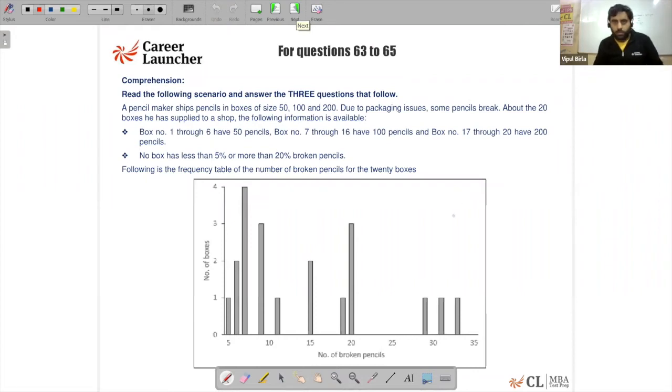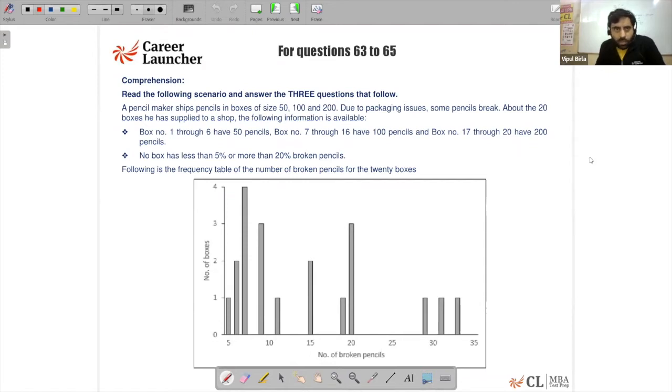Right. So let's look at questions number 63 to 65. A pencil maker ships pencils in boxes of size 50, 100, and 200. Due to packaging issues, some pencils break.